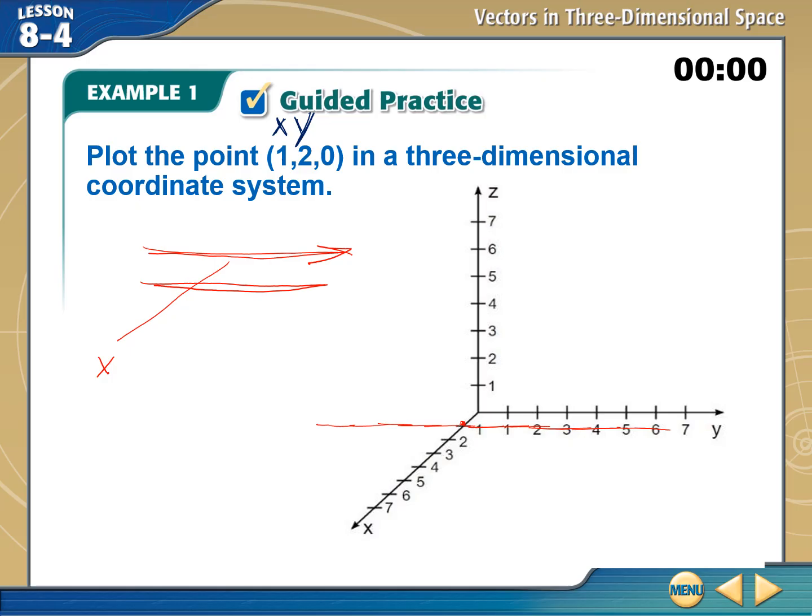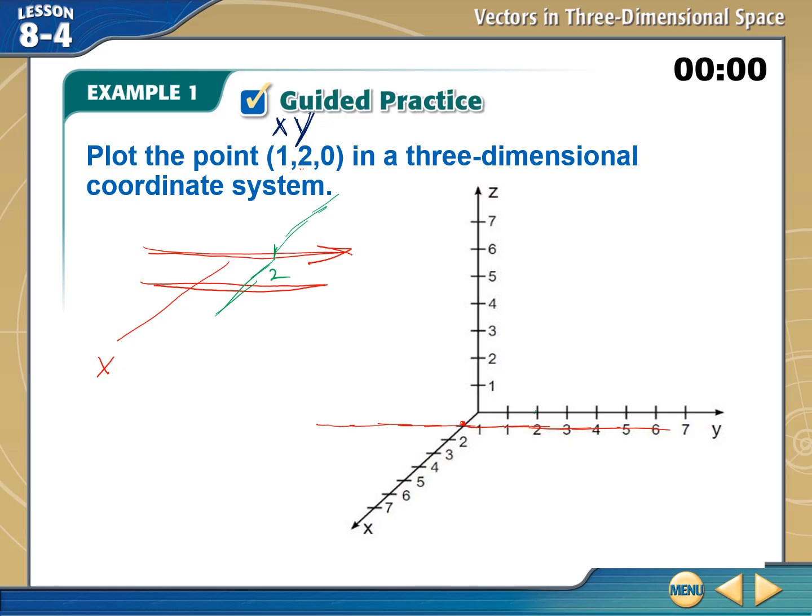After that, the 2. Check where the 2 is on the y-axis. Here is the 2 on the y-axis. On this point, make a line parallel to the x-axis.